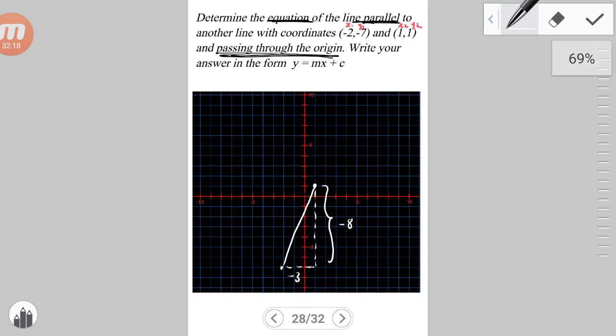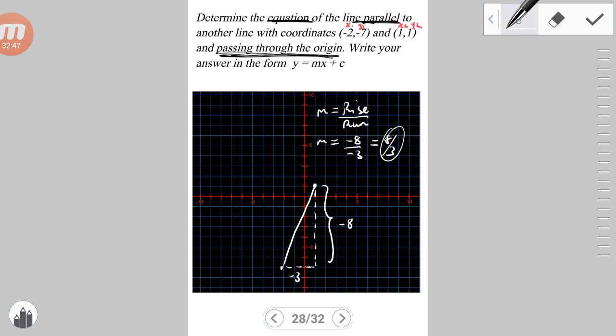Based on the formula, m is equal to rise over run. So m here is -8 divided by -3, and a negative divided by a negative gives us a positive result. So that's 8/3, that's our gradient. That is how you can use the graphical method to find the gradient. Definitely check out a full tutorial on that in part 1.